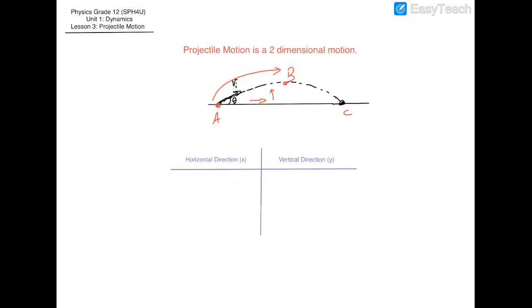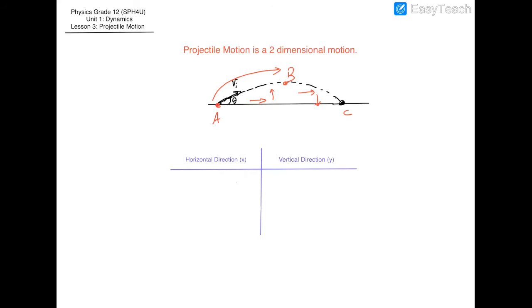So as you can see, 2 directions or 2 dimensions. And from B to C, again I'm going to the right, but this time I'm going down also. So again, 2 dimensions.